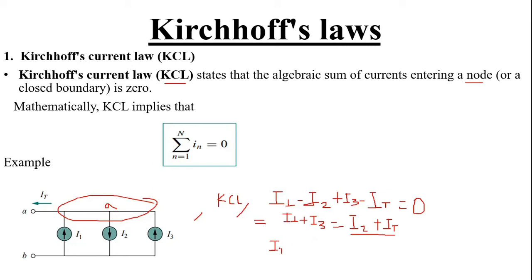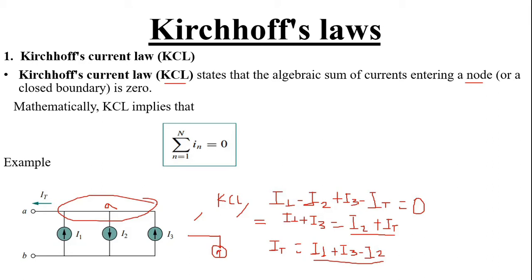This can be rewritten for IT. If we write it as one current source, I1 plus I3 minus I2. So the total current flowing through this circuit can be obtained as I1 plus I3 minus I2, and it can be represented as a single current element like this.